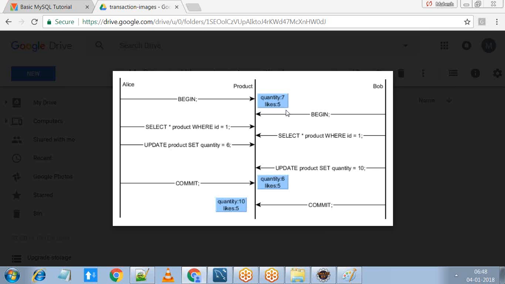And Bob's transaction commits, it is updated to 10. So in this case, do you see any issue here?